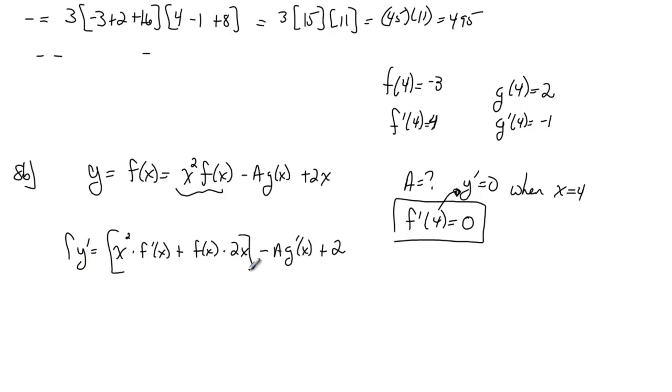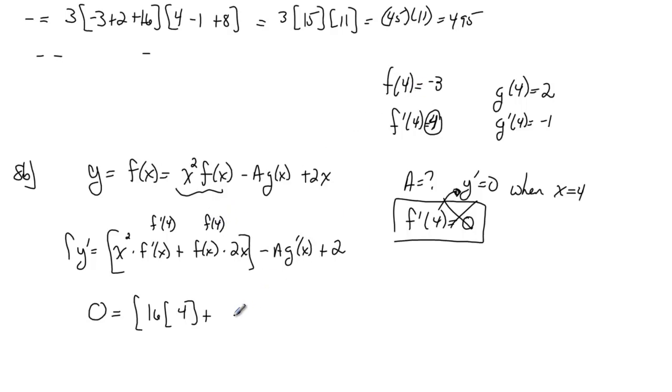is equal to 0. So here we're going to have 0 equals x squared, plugging this in when x is 4, I'm going to have 16 times f prime of 4. F prime of 4 is actually equal to 4. It is not 0. It's only going to be equal to 4, so we're going to have 4 plus f of 4.